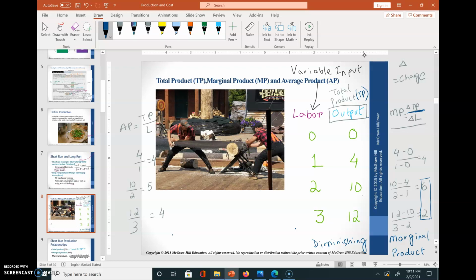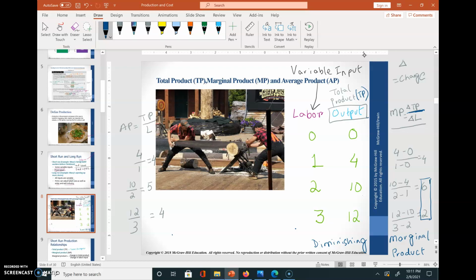The marginal productivity of the second worker is 10 minus 4 over 2 minus 1. This is equal to 6. The marginal productivity of the third worker is 12 minus 10 over 3 minus 2. This is equal to 2. So this calculation is very much straightforward.